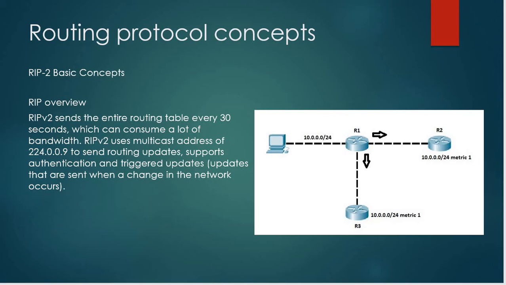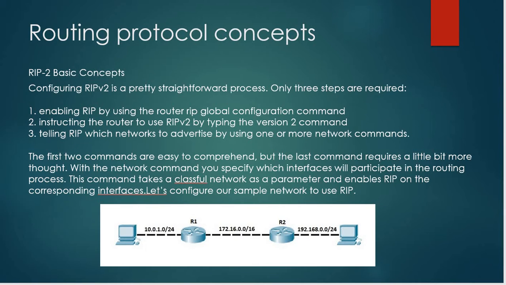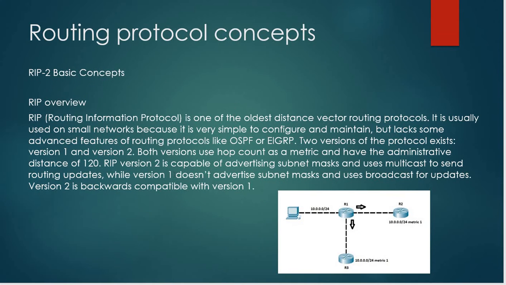We already discussed these things, and the difference is that in RIP only, there is no advertisement of the subnet masks, and it uses broadcast for updating the routing tables.